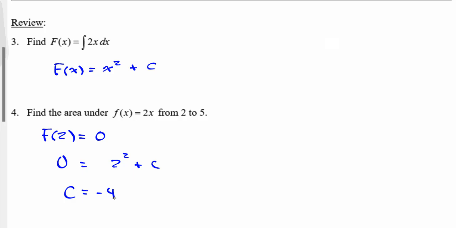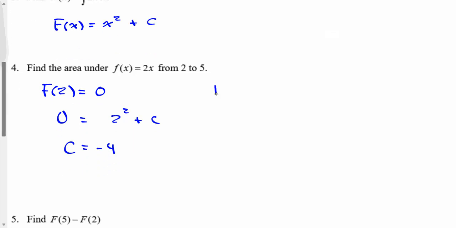So then we want to find what is f of 2. So maybe I should rewrite: f of x is going to be x squared minus 4.